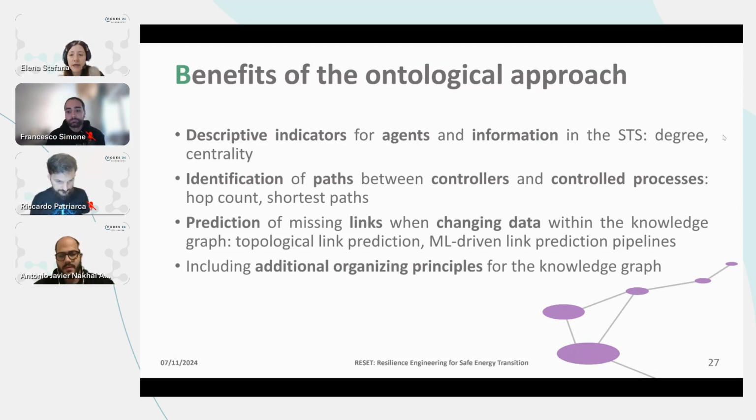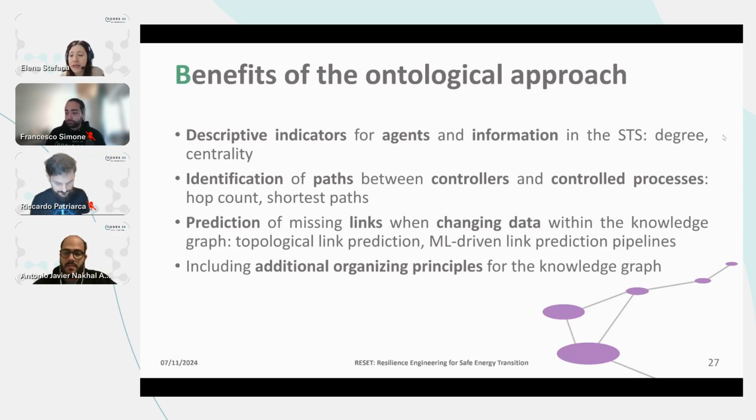This ontology permits describing indicators for different agents, controllers, and managing the information in any socio-technical system. We can also identify paths between controllers and controlled processes in order to identify interesting paths from a safety point of view.